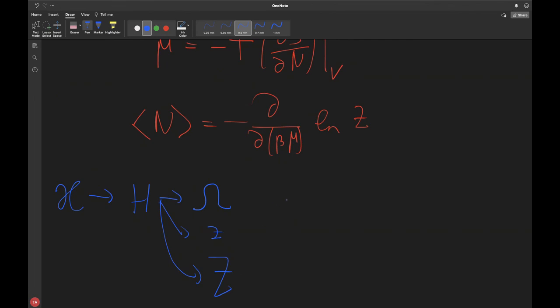And for each of these, we got to things like temperature, entropy, the expected energy, the expected number of particles. We also calculated chemical potentials, and so on.